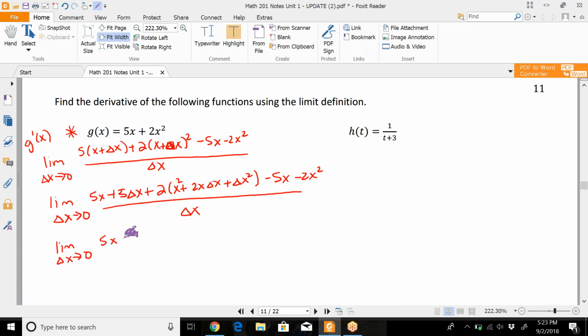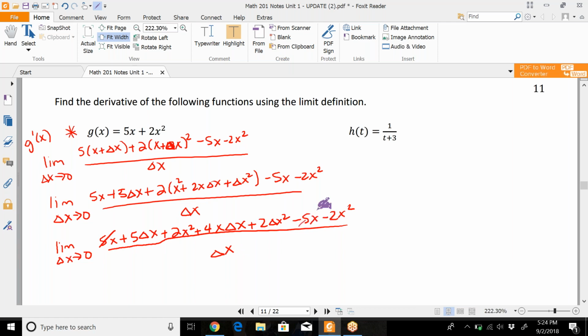We're going to distribute the 2. So that's going to be 2x squared plus 4x delta x plus 2 delta x squared minus 5x minus 2x squared, all over delta x.